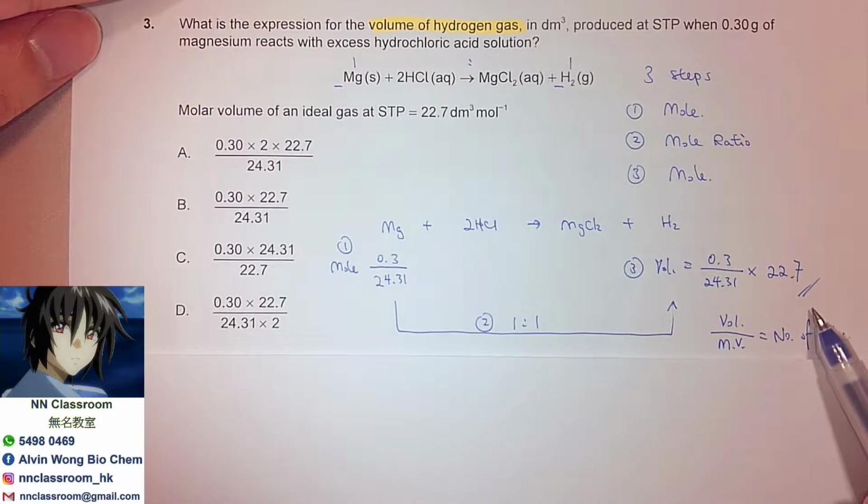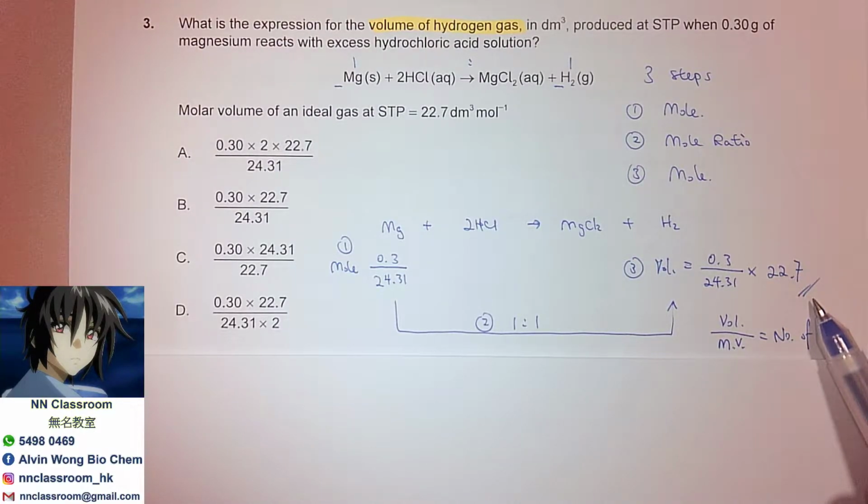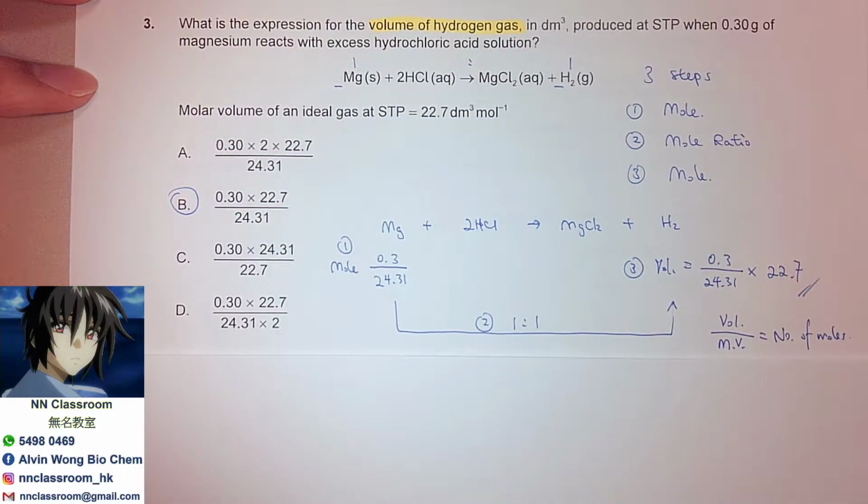So that is our expression. Do we need to calculate this out? No, because no calculator is available. So we only need to express it in terms of this equation. So obviously in this case the answer is going to be B.